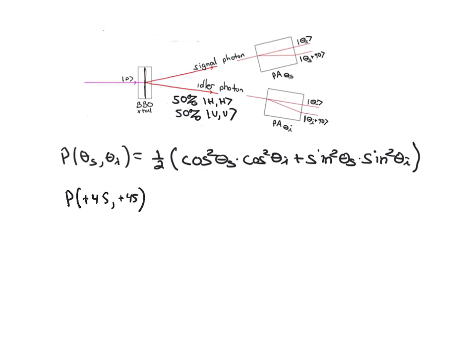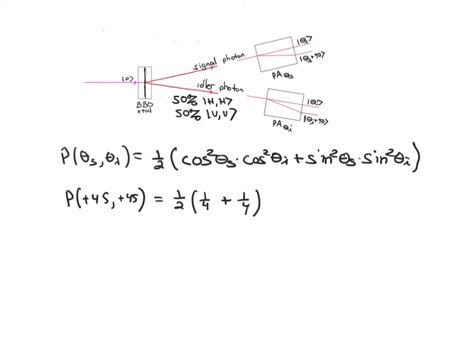Okay, so we set both of the polarization analyzers to plus 45 degrees, and the joint probability then is 1/2 times, and the cosine of 45 degrees and the sine of 45 degrees is 1 over the square root of 2, and I'm going to have 4 factors of 1 over the square root of 2, so each term here is going to be a fourth, right?